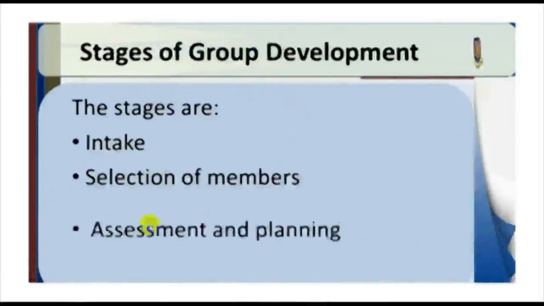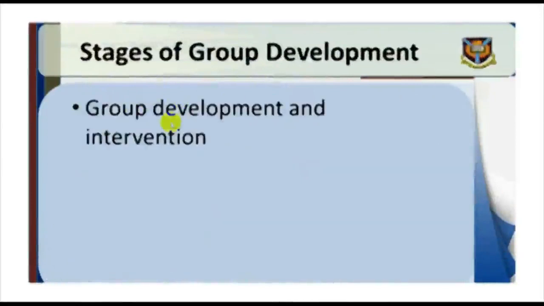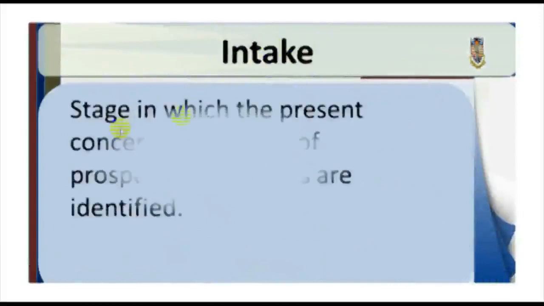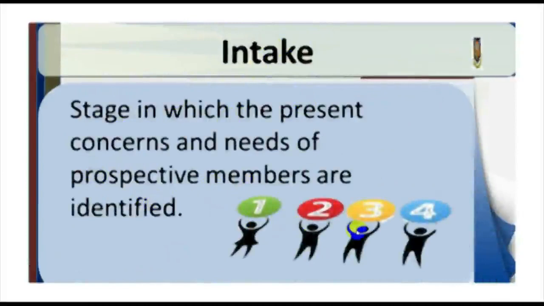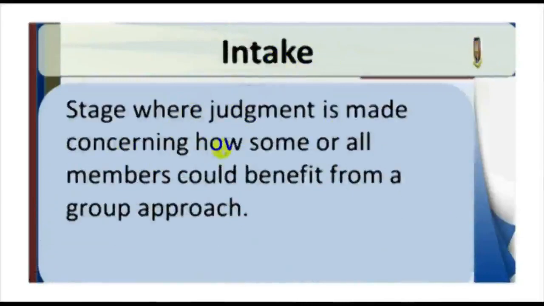The stages are intake, selection of members, assessment and planning, group development and intervention, and evaluation and termination. Intake. This is a stage in which the present concerns and needs of prospective members are identified. It is also a stage where judgment is made concerning how some or all members could benefit from a group approach.